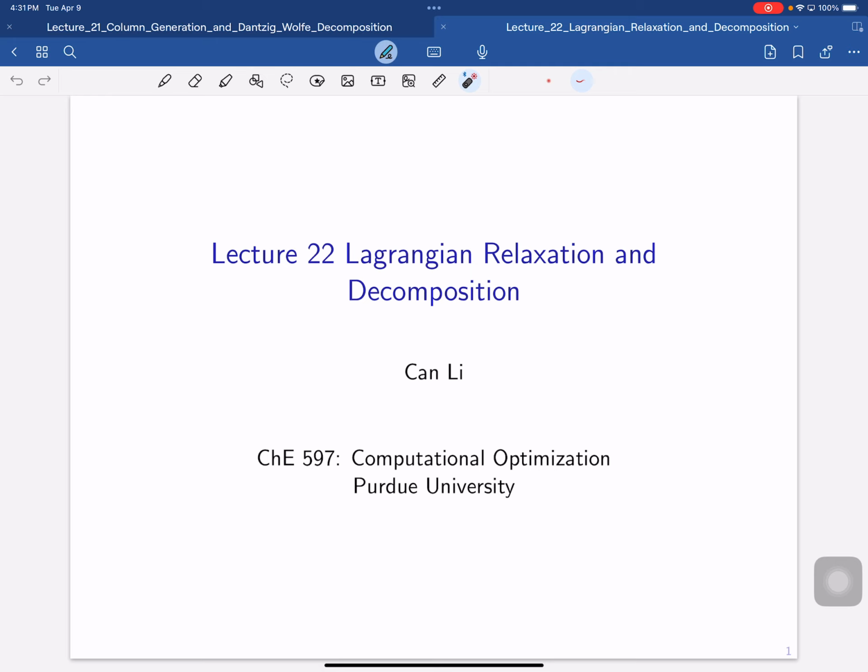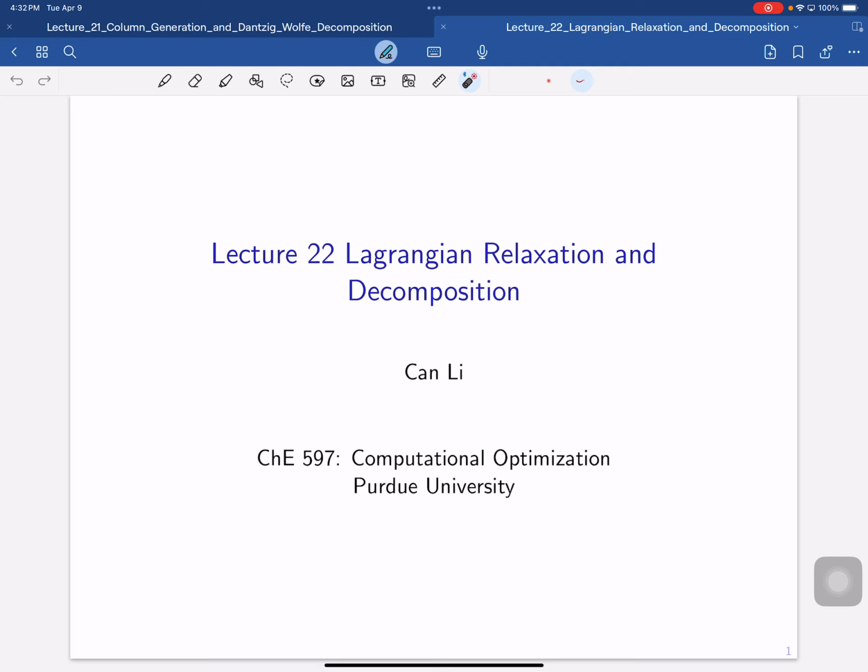We need to decide which column to add to the Dantzig-Wolfe master problem. Recall how the pricing problem is solved: you get the reduced cost from the master problem, and then you try to generate a column that minimizes the reduced cost, so that column can help further minimize the cost of the master problem. Okay, that's the intuition of Dantzig-Wolfe decomposition.